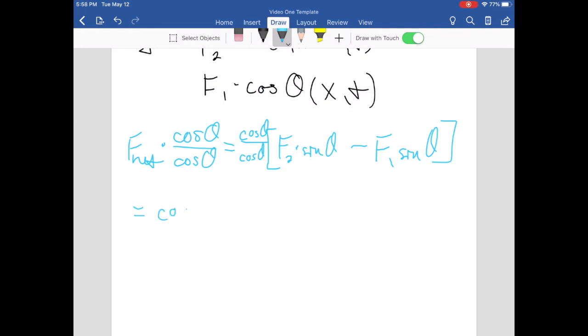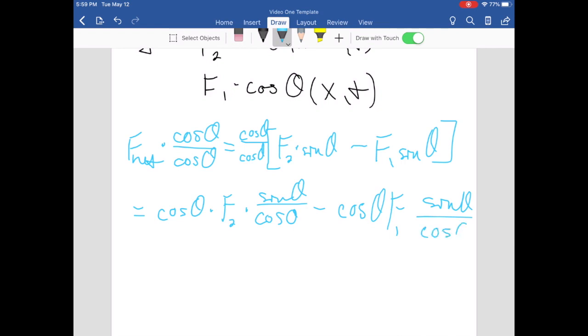So that's going to be the cosine of theta times F2 times sine of theta over cosine of theta. And then same thing on the right side, cosine of theta times F1 sine of theta over cosine of theta.